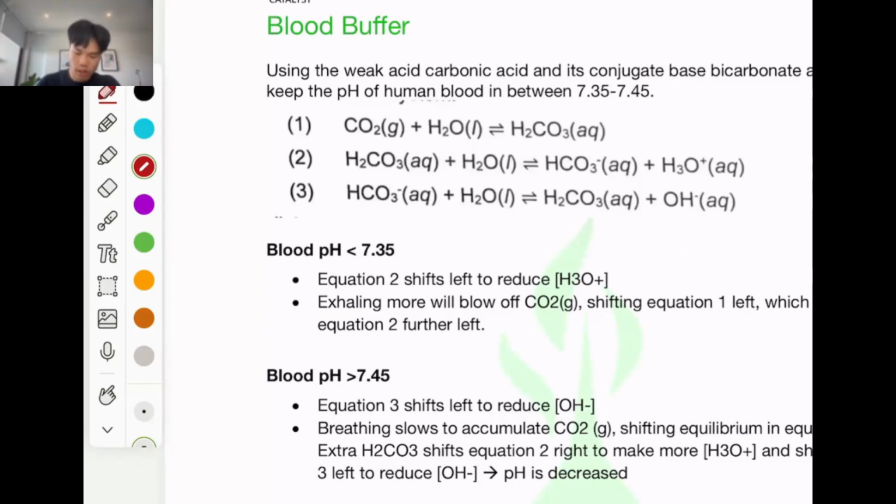So depending on what the question stem asks you for, you may be asked to use these two equations if they want you to talk about the gaseous component of CO2, or they may just ask you for the bicarbonate carbonic acid buffer, where you'd only need these two equations.